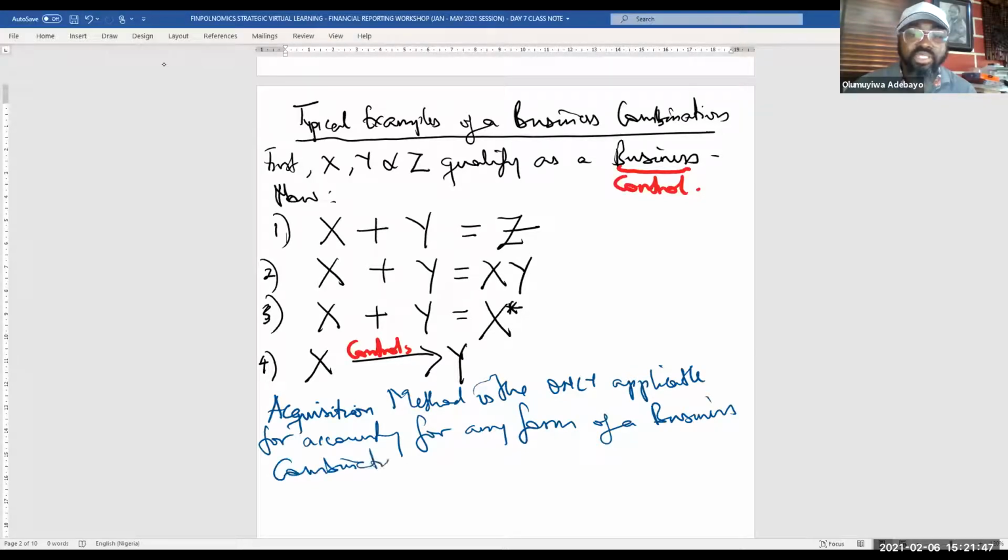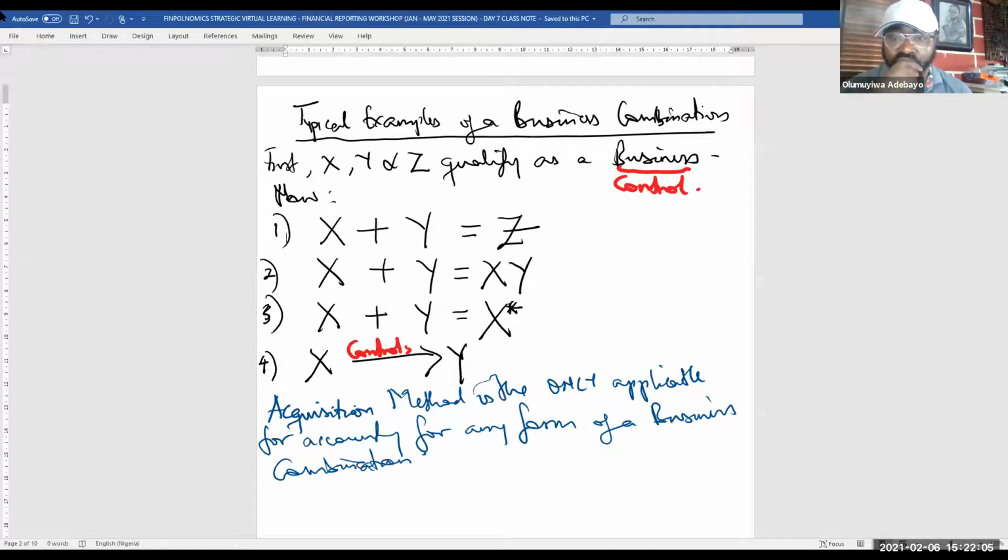Which means business combination takes various forms, but regardless of the form, there is still one singular method that is applicable to all. And the method is what's known as the acquisition method.